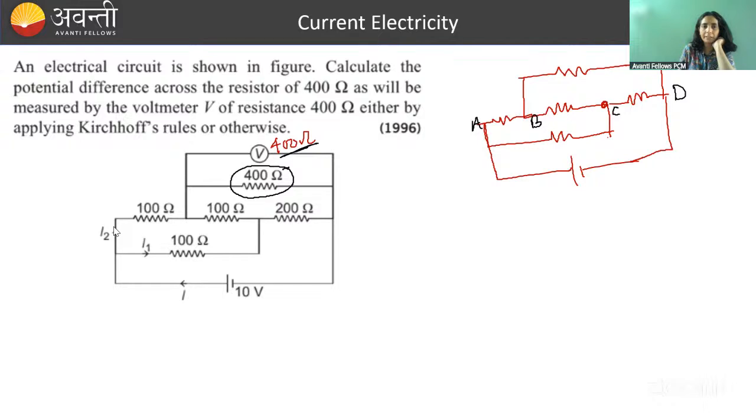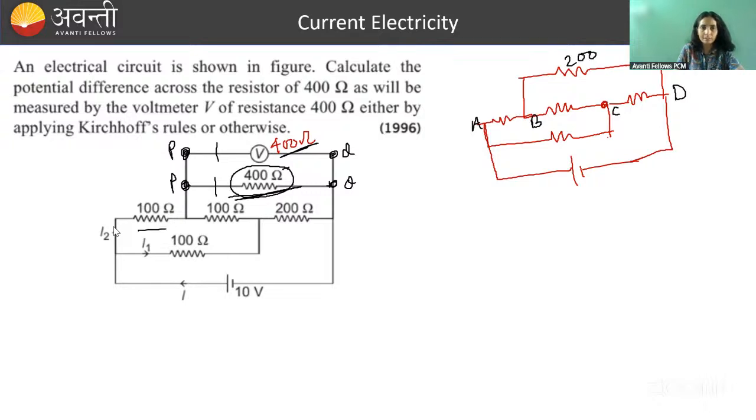And this 400 ohm and this 400 ohm are in parallel, because they share the same potential difference. If this is point P, then this will also be point P. If this is Q, this is also Q. So their potential difference is the same. They are in parallel, so the equivalent of 400 and 400 will be 200. So I've written this one as 200.